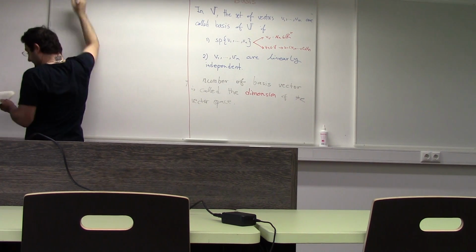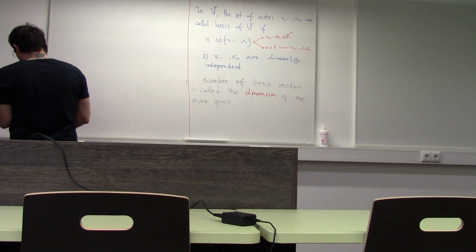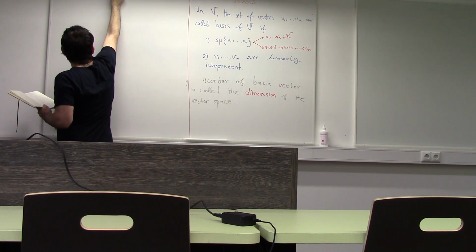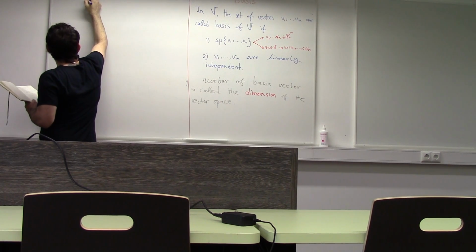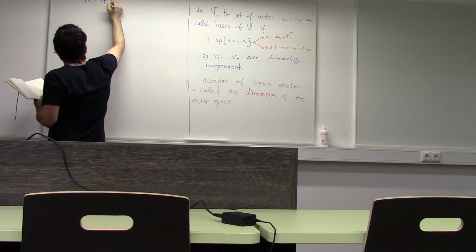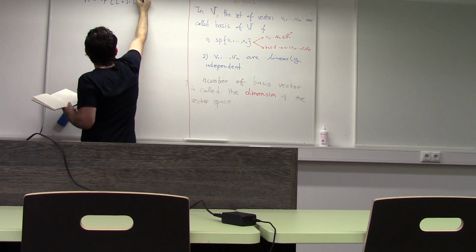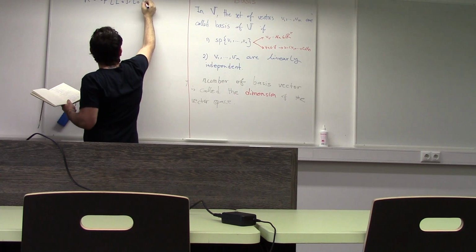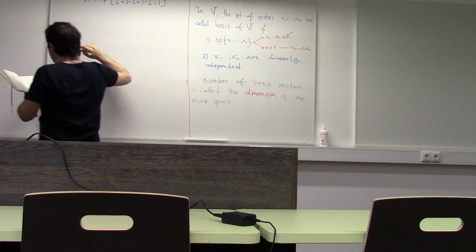Example: vector space R3. R3 is spanned by the famous i, j, and k vectors, right?